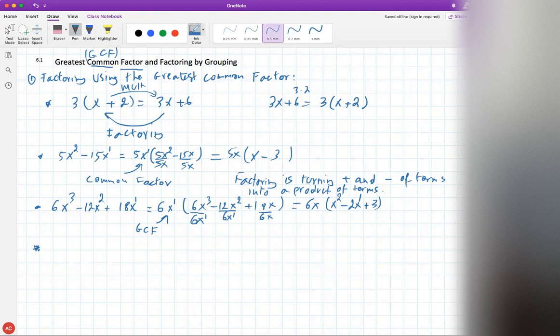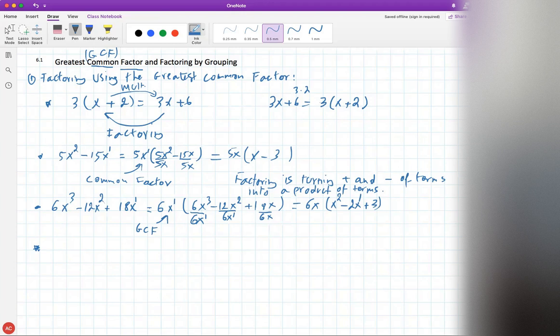I only hear from a couple of people. This is very important, everybody. In addition to the rules of exponents and the powers we learned before, factoring is probably the second most important topic in this class. And it's going to be applied to many other topics.